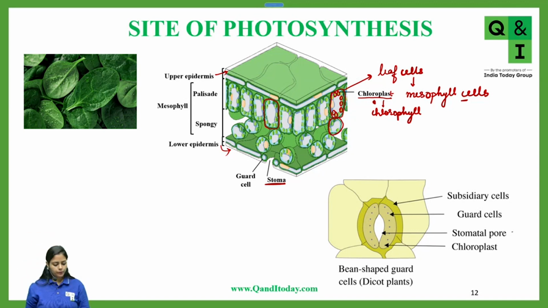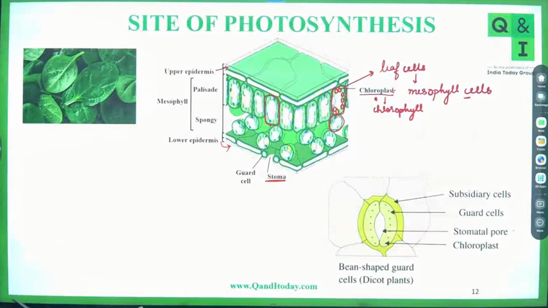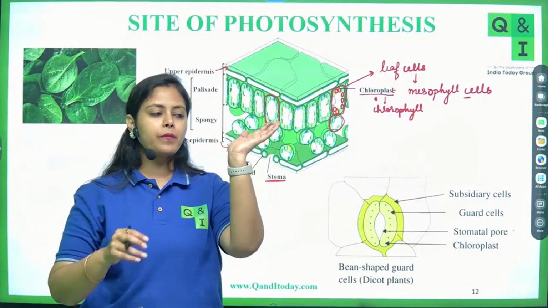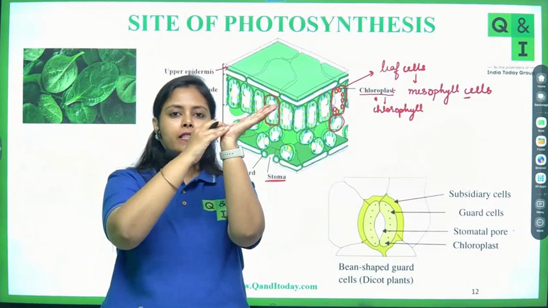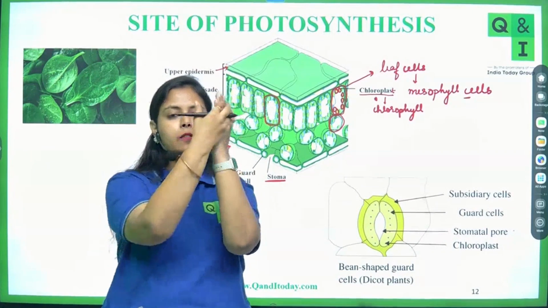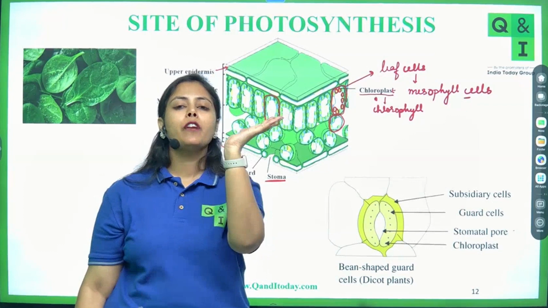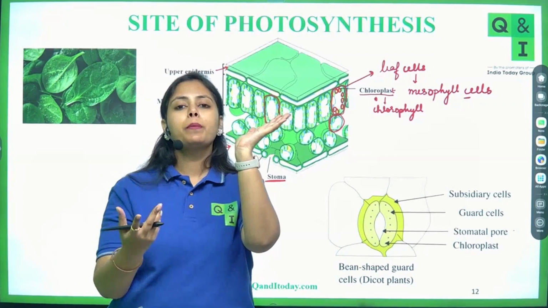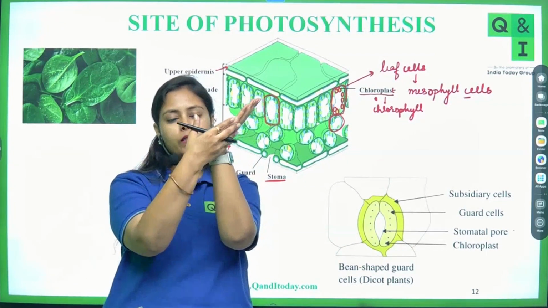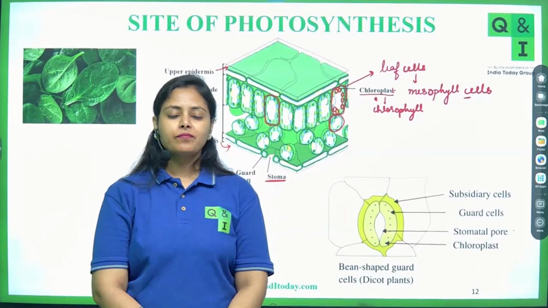Now, let me go to this part. So now this is leaf. Sunlight is falling from above. This part of the leaf is upper epidermis and this part of the leaf is lower epidermis. Now, if I ask you on which surface of the leaf stomata would be more, on the upper surface or on the lower surface? Lower epidermis.